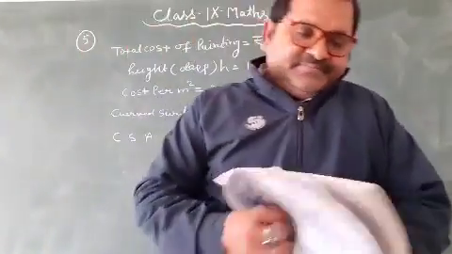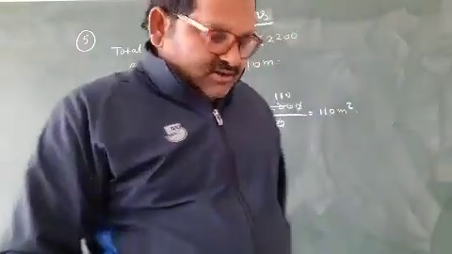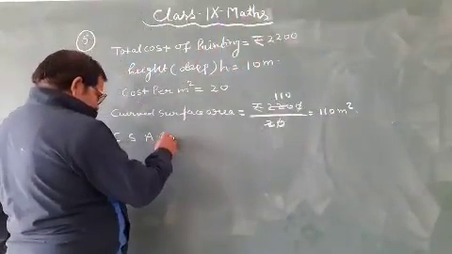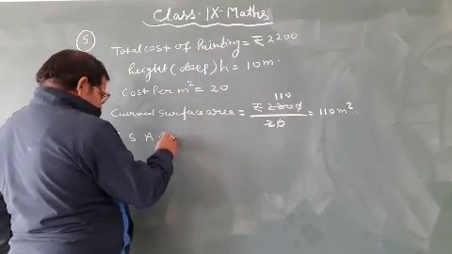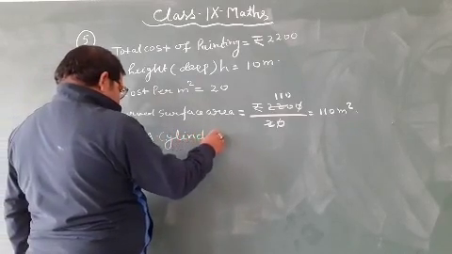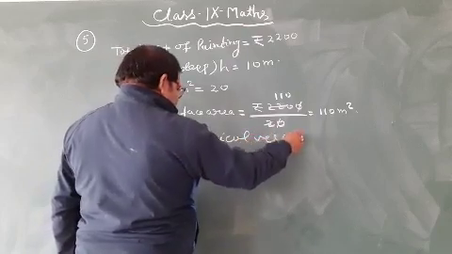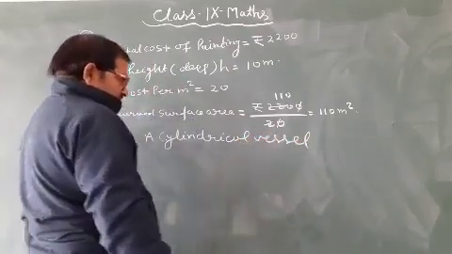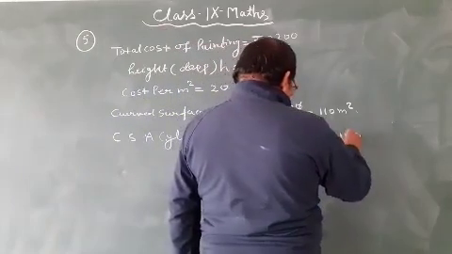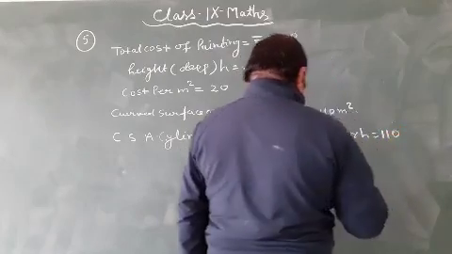So the CSA of the cylindrical vessel is equal to 2 pi r h, which is 110.